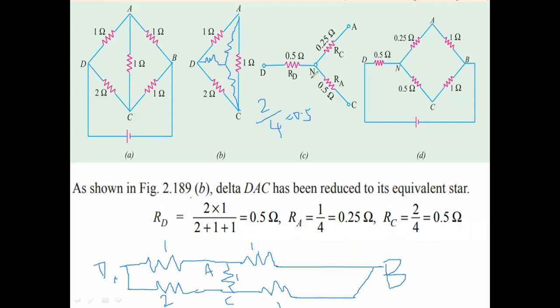For the generation of the star network you have to practice it, then we can remember easily. Now I am replacing this delta shape with the converted, equivalent star network. So then from this D point is 0.5 and A is 0.25 and 0.5, this is connected.